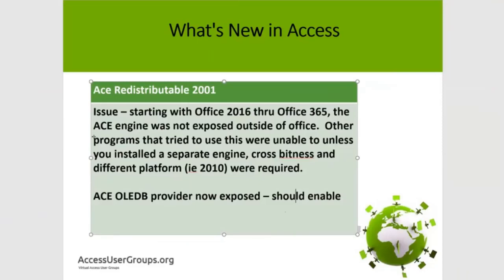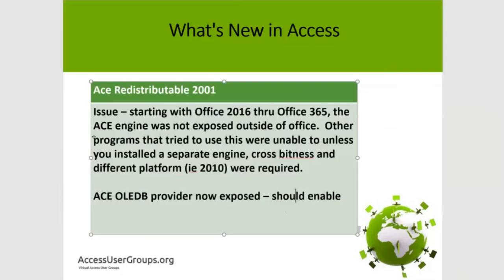So the workaround for that, and we've been dealing with that for several years now, is to install a separate ACE engine. And you can't just download a runtime. That's really the runtime. You can't just download any version of it or even the same version that you currently have. You have to do a different platform, and you have to load a different bitness.